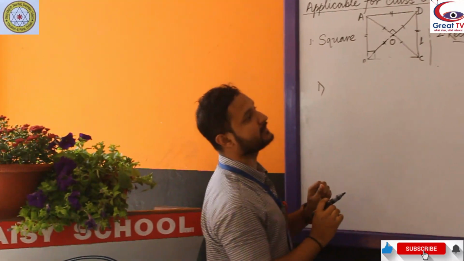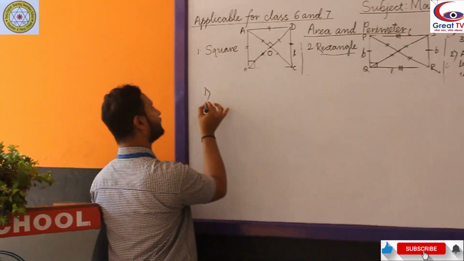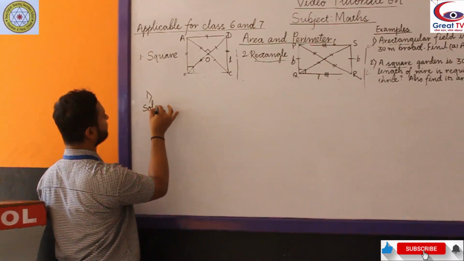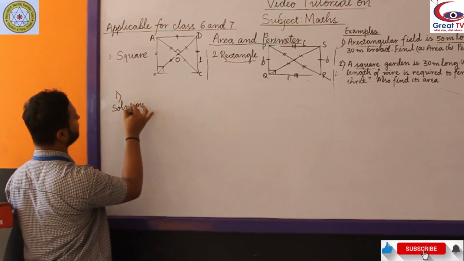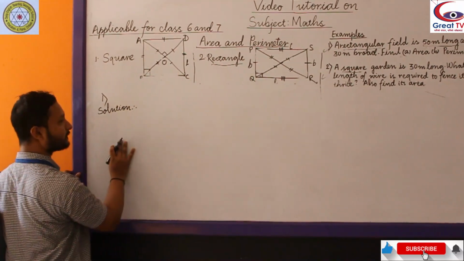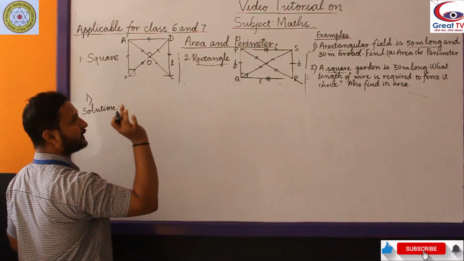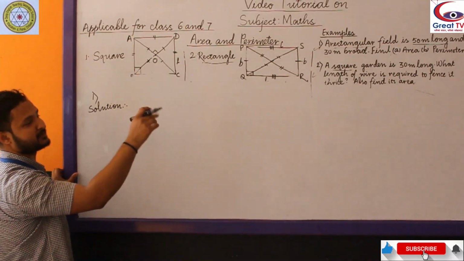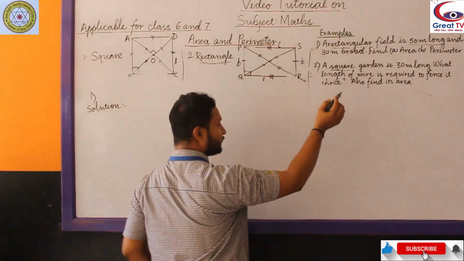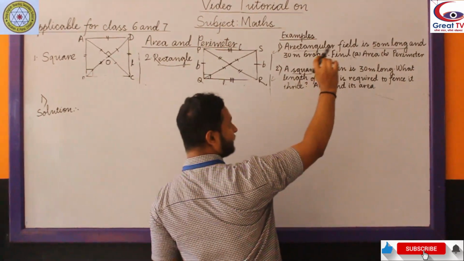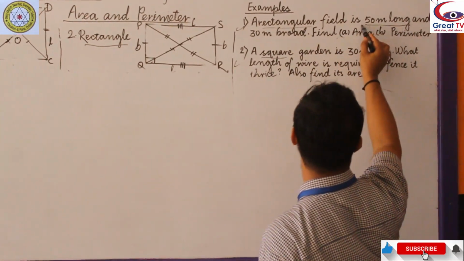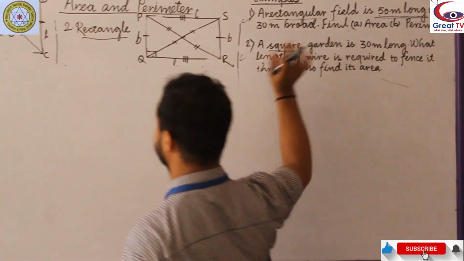A rectangular field is 50 meter long. Solution. The length is 50 meter because it is given here. The field is 50 meter long, so 50 meter is length.